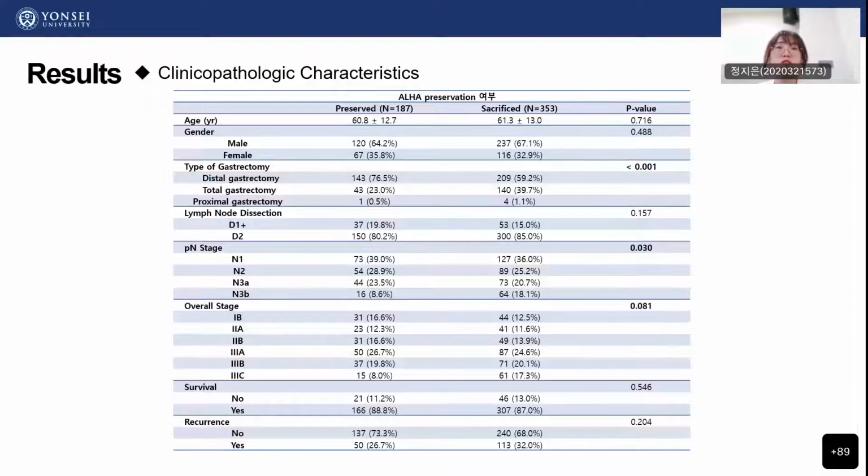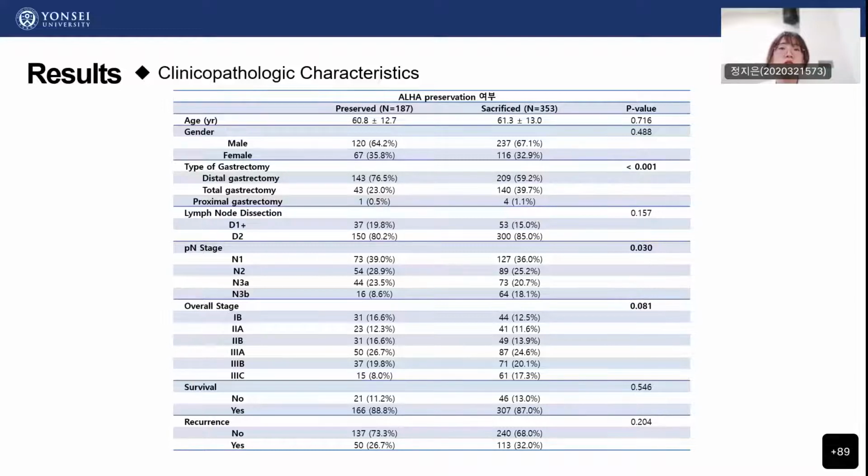More patients underwent total gastrectomy in the aberrant left hepatic artery sacrificed group than in the preserved group, which shows a significant difference. In addition, there were more patients with advanced stage in the sacrificed group, which results in higher TNM stage with statistical difference.